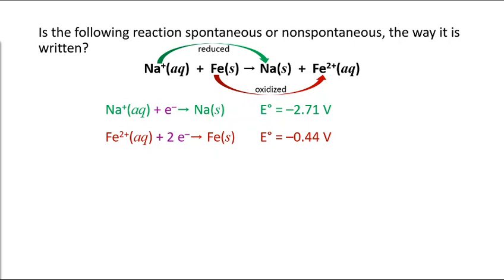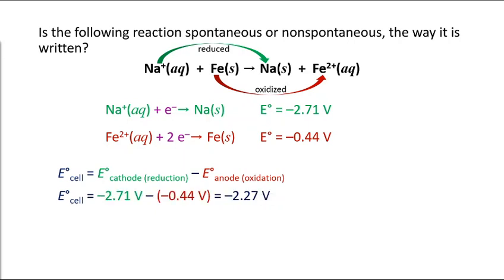The main reason I did that previous step is because we're going to use the same equation we just saw: the standard cell potential is equal to the standard potential of the cathode minus the standard potential of the anode, or the standard potential of the thing being reduced minus the standard potential of the thing being oxidized.